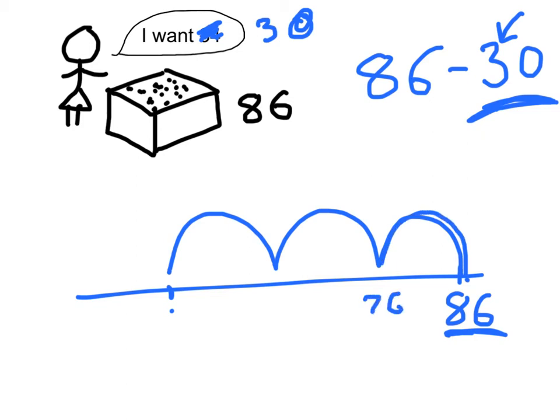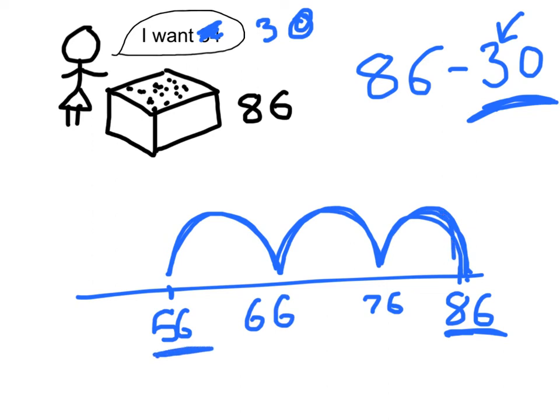Let's count backwards in tens. 86, 76, 66, 56. Our answer is right here, 56, subtracted in tens.